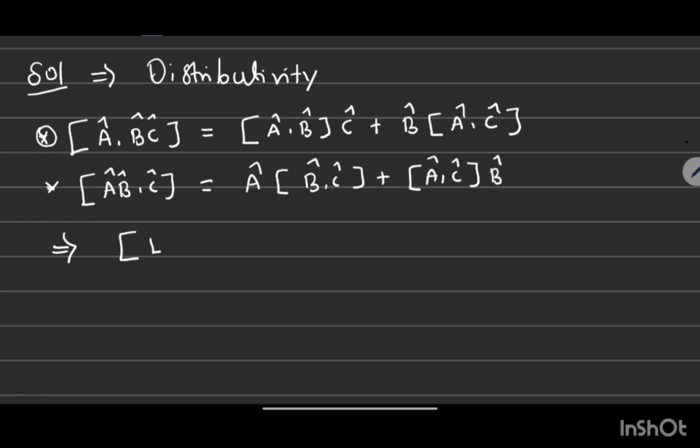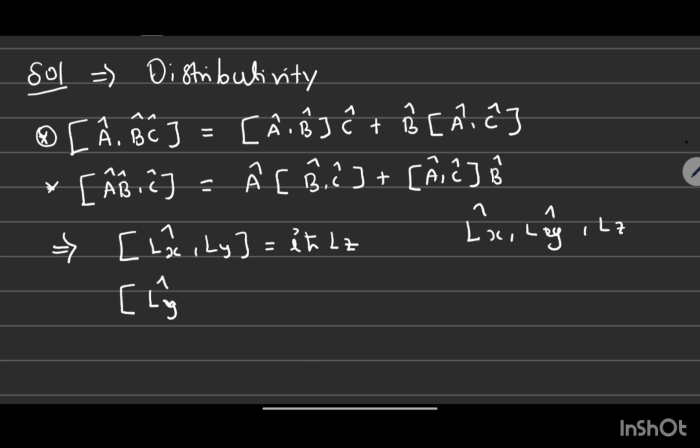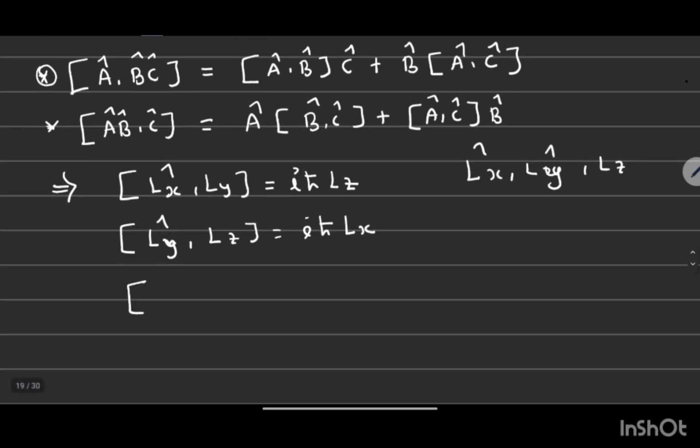Suppose you have the operators for angular momentum components Lx, Ly, Lz, and if they appear cyclically, then [Lx, Ly] is equal to iħ Lz, [Ly, Lz] is equal to iħ Lx, and [Lz, Lx] is equal to iħ Ly.